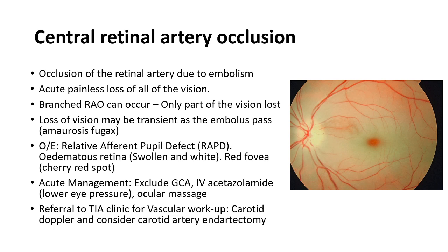We will talk about it in the emergency section. Acute treatment is aimed at trying to dilate the retinal artery to allow the embolus to pass more distally. Acetazolamide should be used to lower the eye pressure, and ocular massage can also be tried.